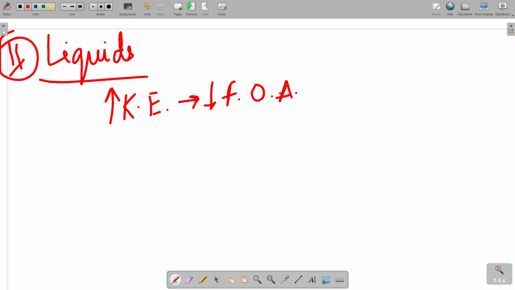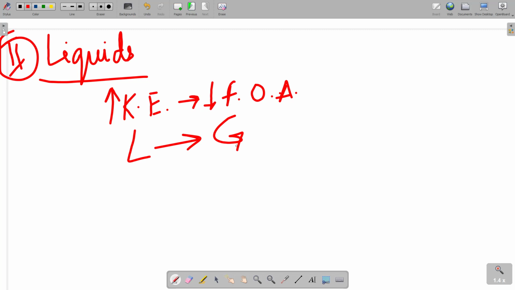Right? So as we keep on supplying the heat, एक point ऐसा आएगा जब force of attraction का सारा जो power है या पूरा का पूरा force of attraction will be overcome completely. So that is the point when the liquid starts changing into gas form.